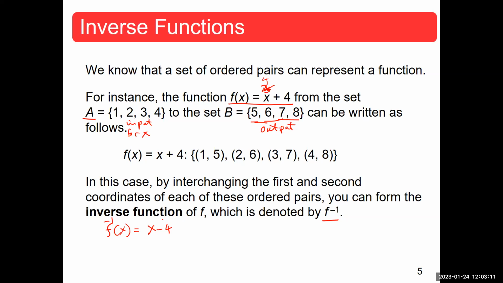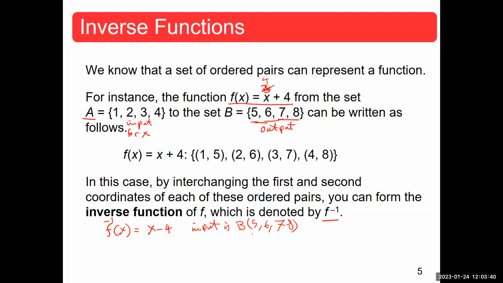Now we're going to notice something. The input is B: 5, 6, 7, 8. So we inverted, and the input here is the B. This was an output for the A.